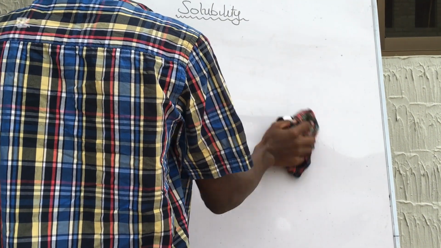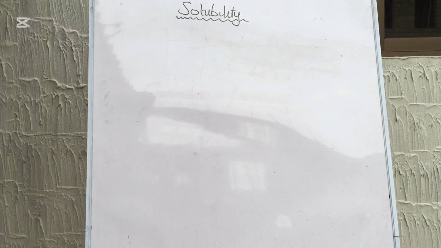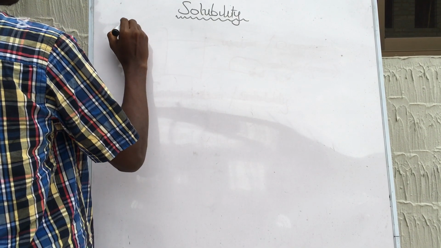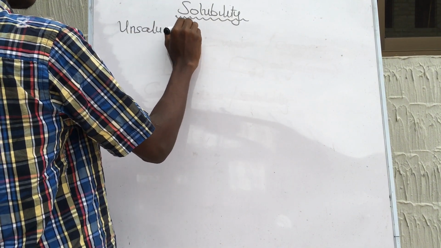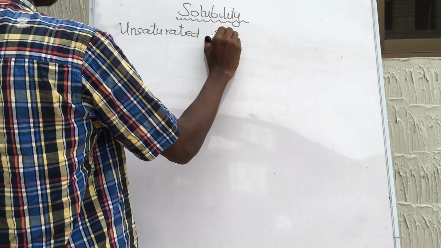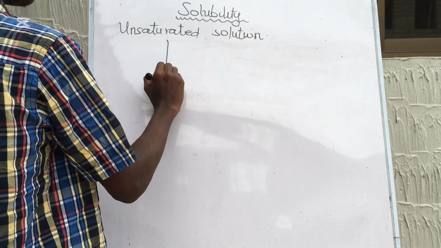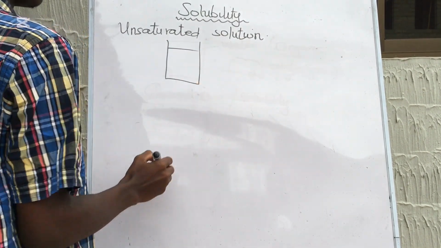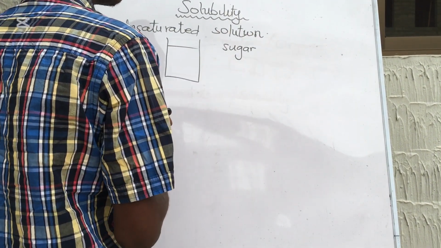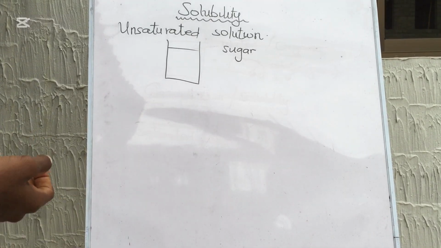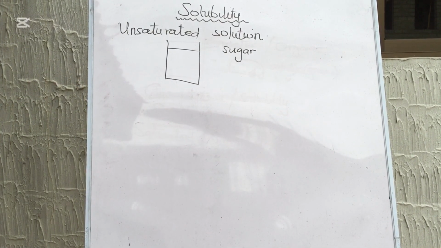Let's start with the unsaturated solution. Assuming you have a sugar solution, it is obtained by dissolving some amount of sugar in water, which can be an aqueous solution, or in an organic solvent.